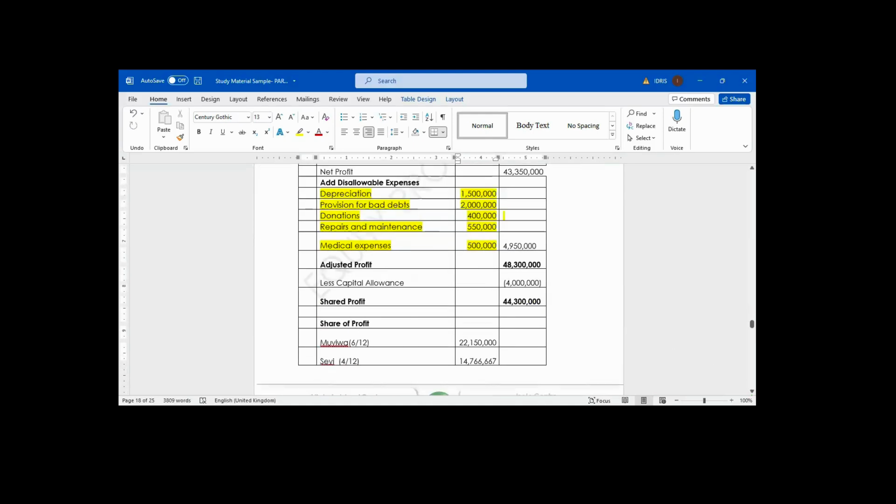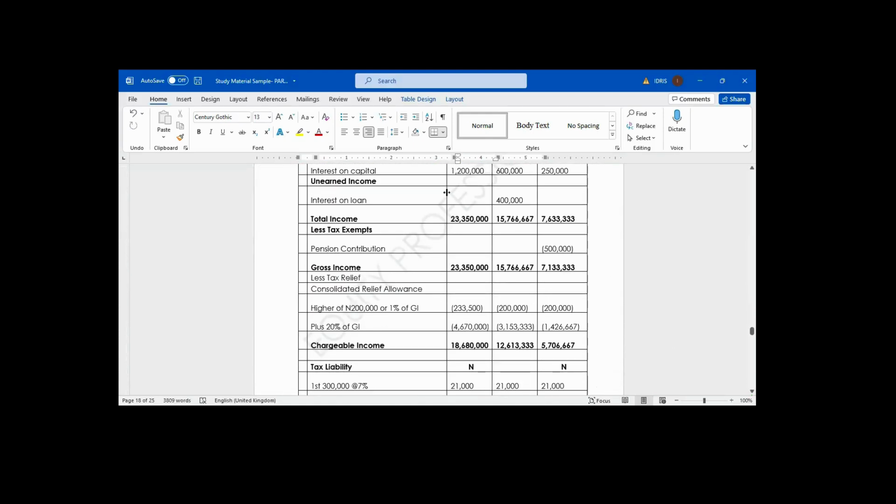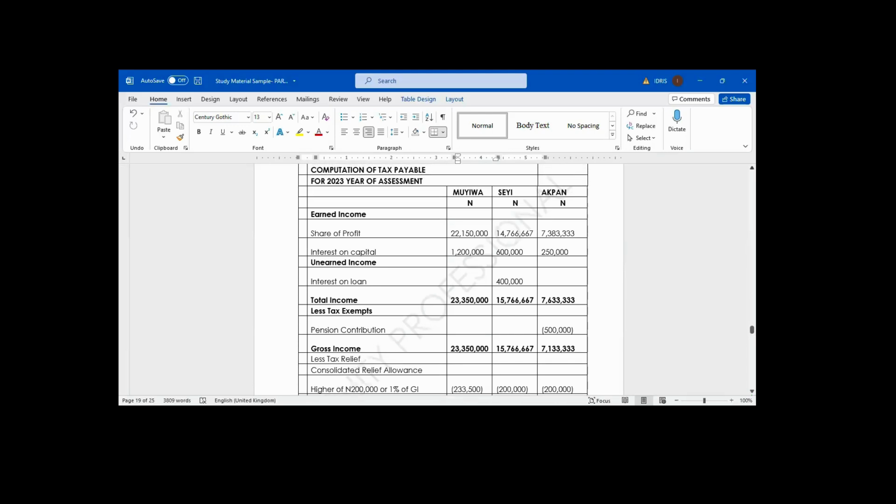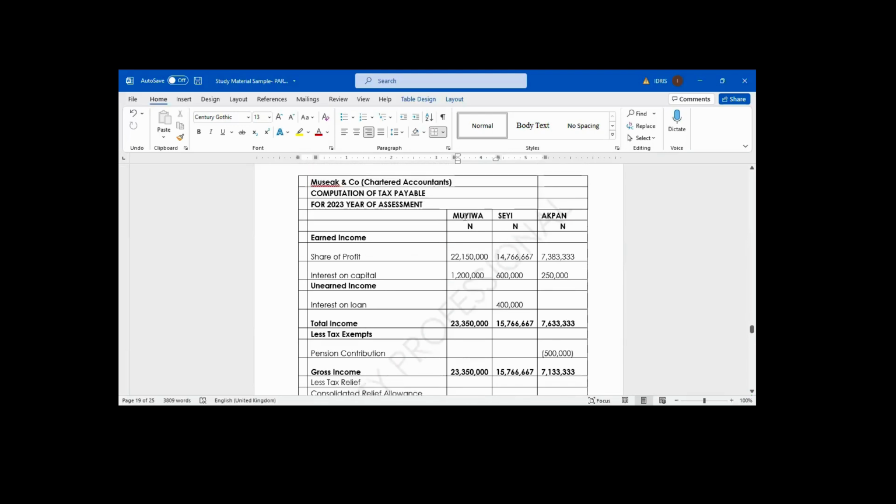So if I want to compute the chargeable income, first, one of the partners earns interest on loan. If you want to compute the chargeable income, you write the name of the partners first. Sheyi, Muiwa, and Akpan. Now, what are the incomes derived by these partners from the partnership business?